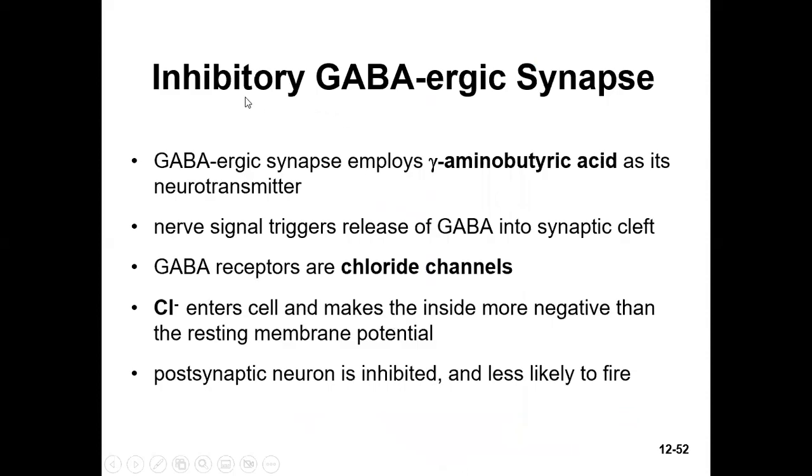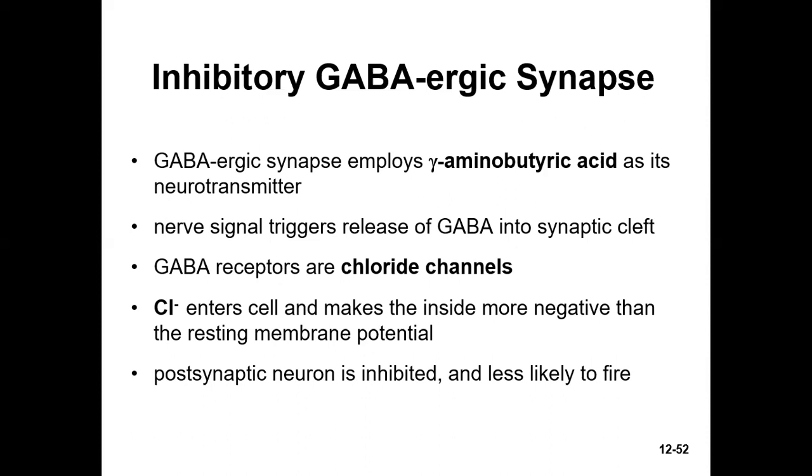If it's an inhibitory synapse, it's a GABAergic synapse. First of all, GABA, gamma aminobutyric acid. This type of synapse will employ gamma aminobutyric acid as the neurotransmitter. The nerve signal will trigger the release of GABA into the cleft. And the GABA receptors are chloride ion channels.